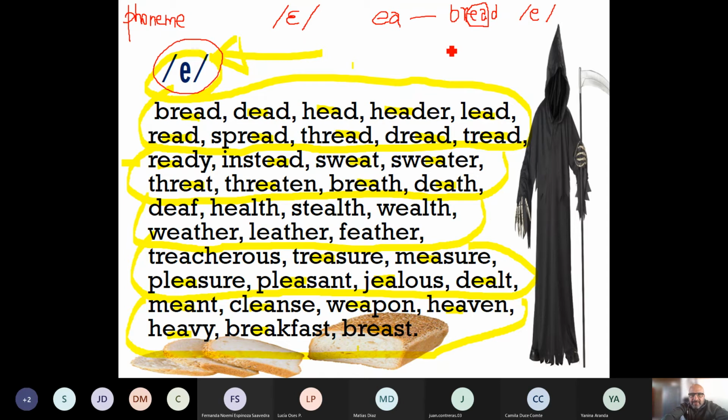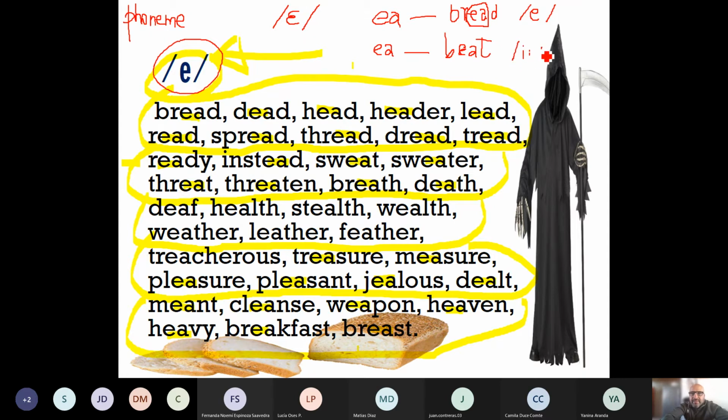Now, sometimes you have the same letter combination, for example in the word beat, but the pronunciation is beat.